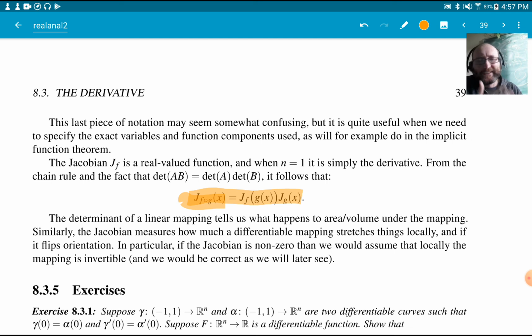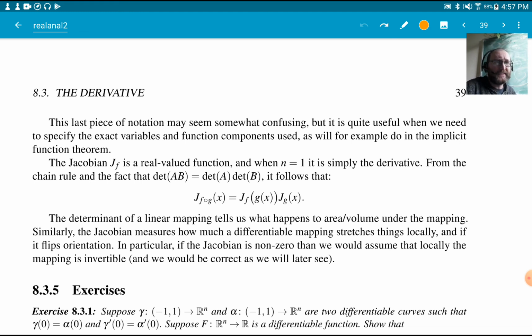I mean, in some sense, we're not really proving anything. It's just this fact about linear mappings, right? At this point, it's just notation. But that's the interpretation of the Jacobian determinant, just like the interpretation of the determinant.